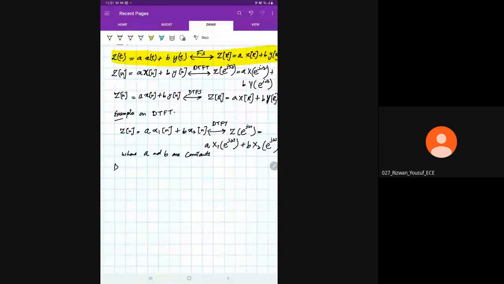So we know that the discrete time Fourier transform of z of n is Z of e to the power j omega, and that is equal to the summation from n equal to minus infinity to plus infinity of z of n e to the power minus j omega n. This is the general form we have already discussed in our previous lectures.